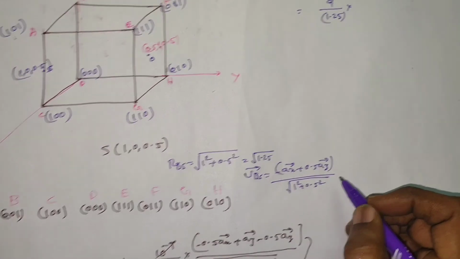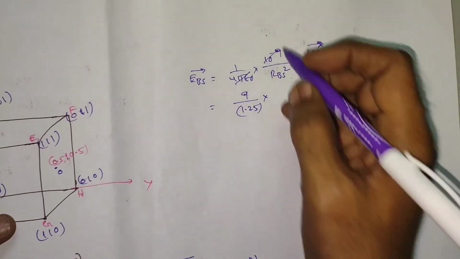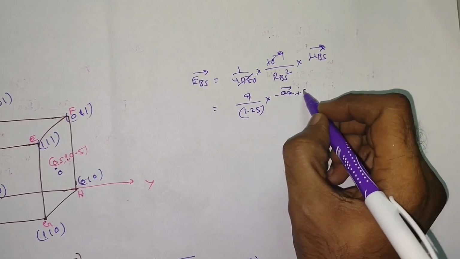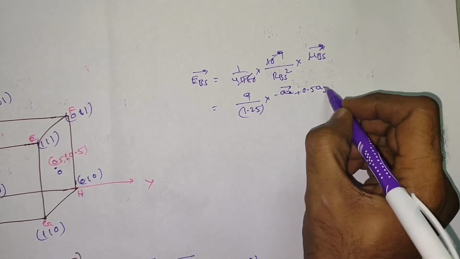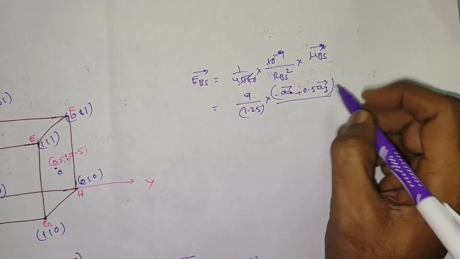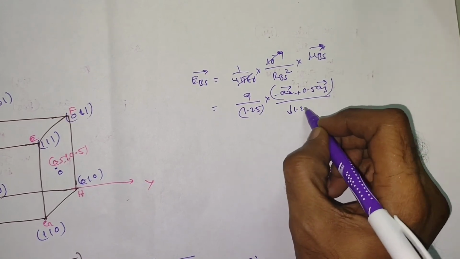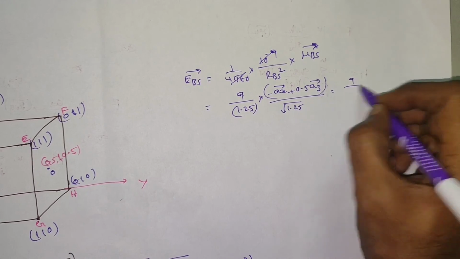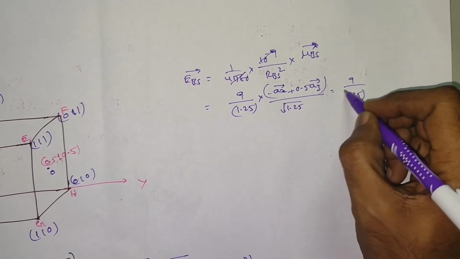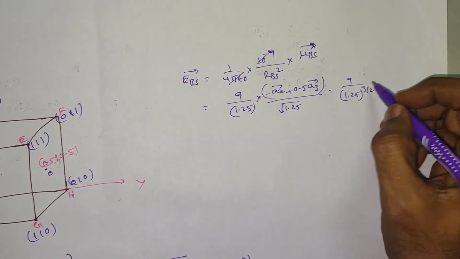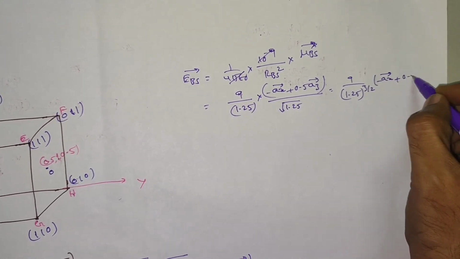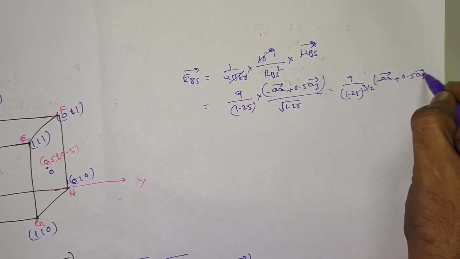So this I am going to write down here as minus AX bar plus 0.5 AZ bar divided by the square root of 1.25, and this can be written as 9 divided by 1.25 power 3 by 2 into minus AX bar plus 0.5 AZ bar.